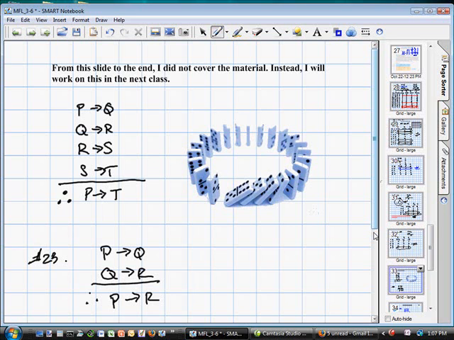We're going to give you a problem like this, okay? And holy cow, look, we have 4 premises. Anita told you we were going to get the premises we're going to multiply. But do you notice how they chain? It's like this. If you've got the letter P, then I'm going to give you a Q. And if you have a Q, then I'm going to give you an R. And if you have an R, then I'm going to give you an S. And if you've got an S, then you get a T. So do you see how having a P causes this chain reaction to occur?